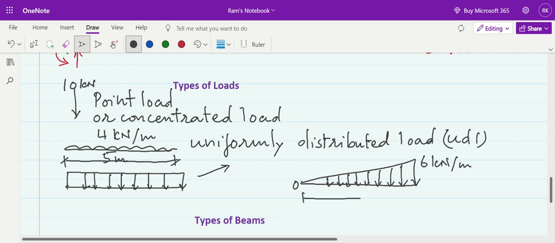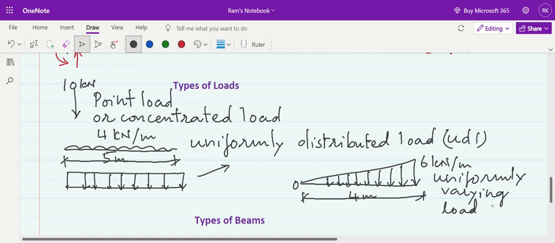Let us say the length of the beam is 4 meters. This is also called uniformly varying load or triangular load.